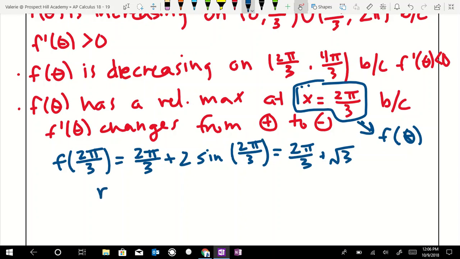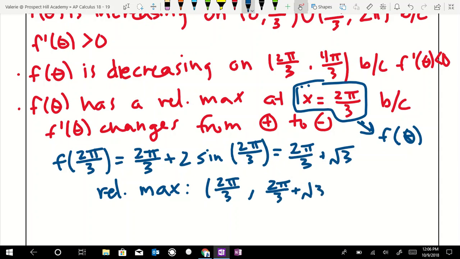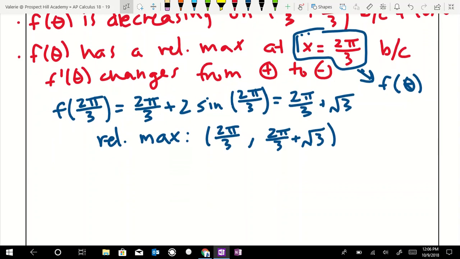So our relative max occurs at the point 2 pi over 3, comma 2 pi over 3 plus square root of 3.